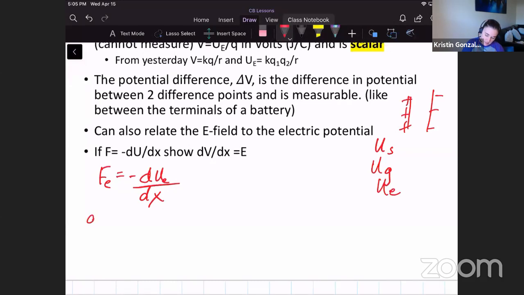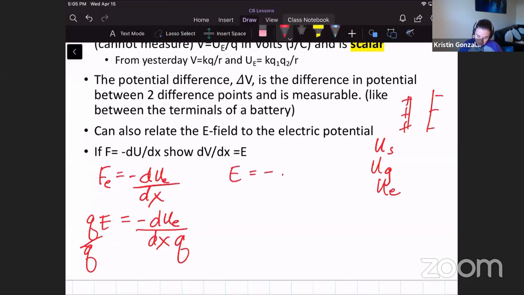Well, that's q times E. So that equals our negative derivative of the potential energy. Okay, well, if I want the relationship for the field, I'm going to divide out by the charge to get rid of the charge. So really, I get the electric field is equal to the negative derivative of the energy over dx times q.